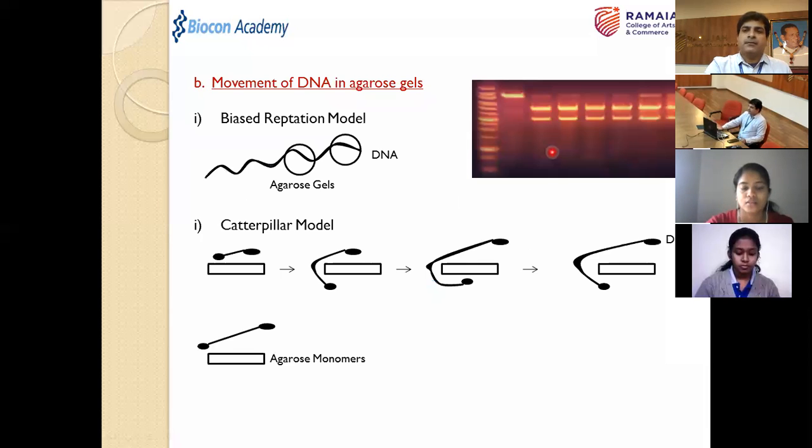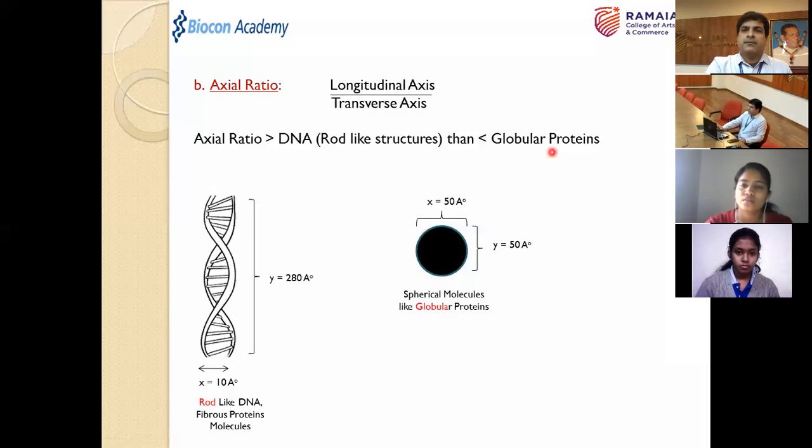What is the need of taking axial ratio in gel electrophoresis? We are not taking the axial ratio. This is the concept based on which we decide which molecules are appropriate for agarose gel electrophoresis. If you run proteins, they are spherical, small-size molecules, you cannot get separation. Understood? The pore size.